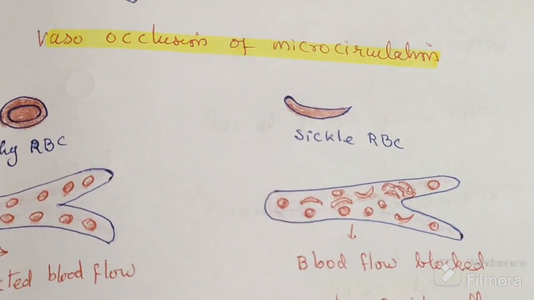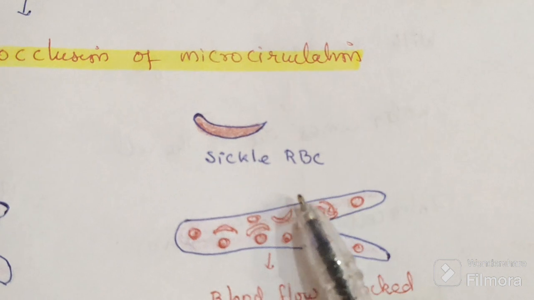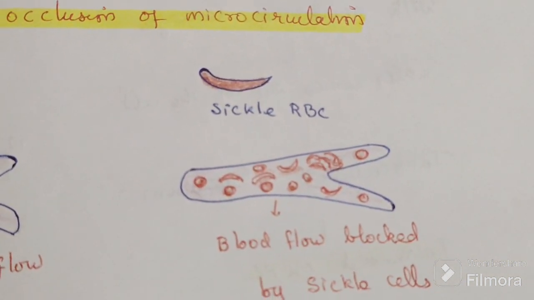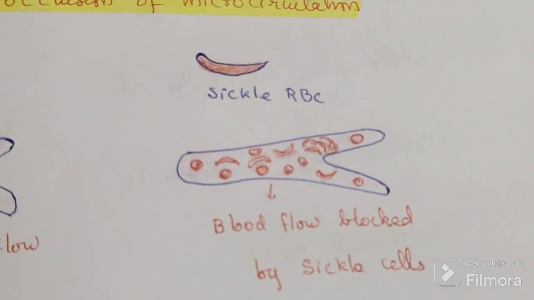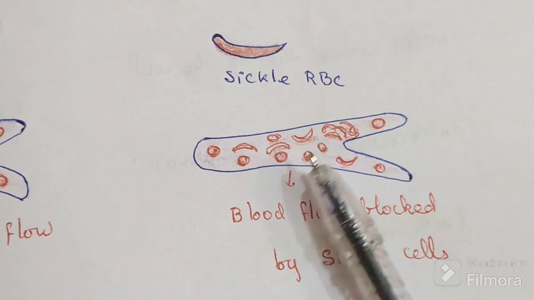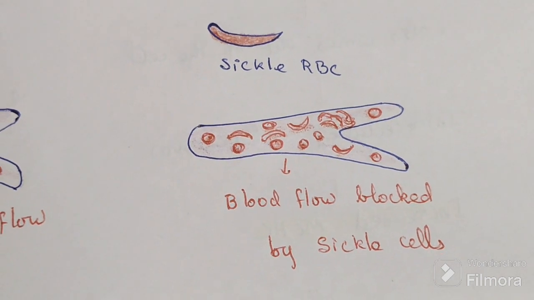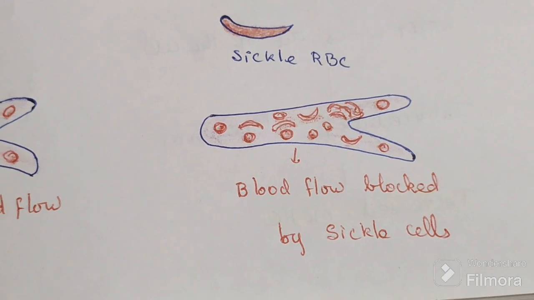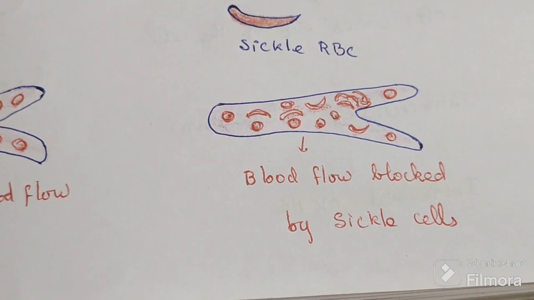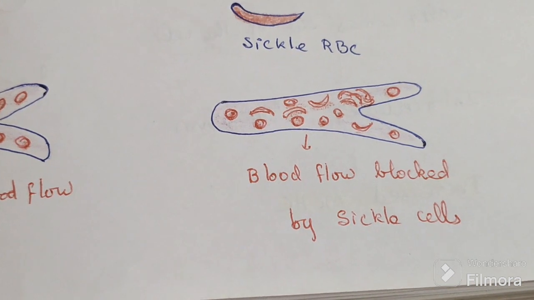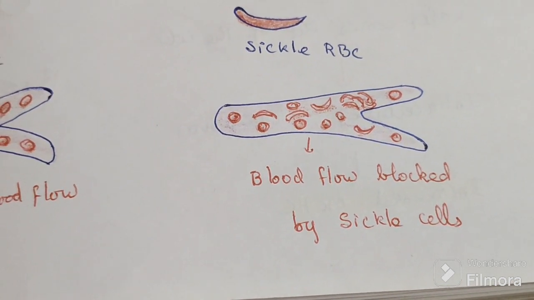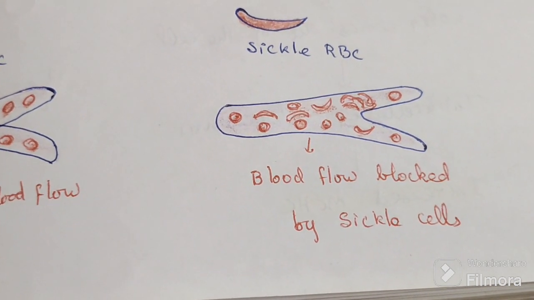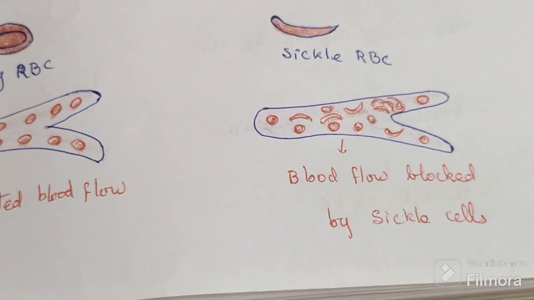But when that RBC becomes sickle shaped during the deoxygenated state like this, they are very sticky, sticking to each other and forming clumps. They have a high level of adhesion molecules, so they are blocking the microcirculation, and this causes the vaso-occlusion. So this is how vaso-occlusion takes place.